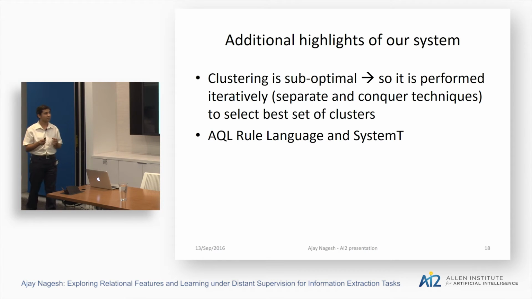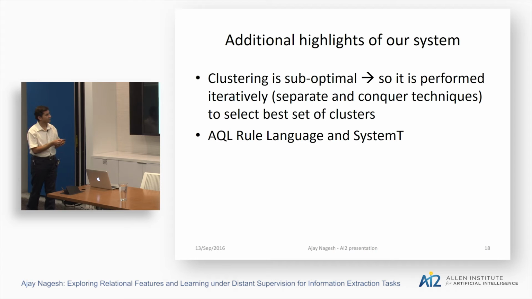We essentially have to generate lots of these candidate definition rules, and to explore this space it turned out to be a very fast theorem prover. So there is expressivity in terms of a declarative language, and there is speed in terms of System T.